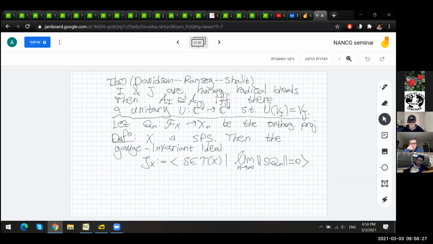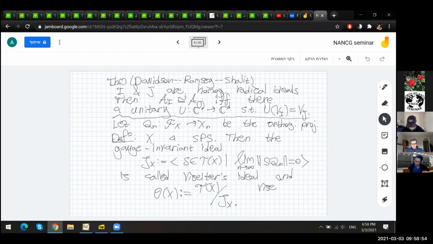That's an ideal. This is called Wieselter's ideal, and he defines the Cuntz-Pimsner C-star algebra of the subproduct system to be the quotient by that ideal. This is Wieselter's Cuntz-Pimsner algebra of X.